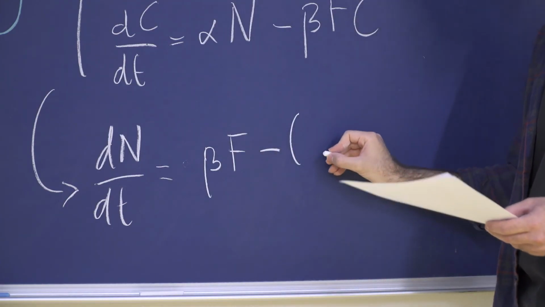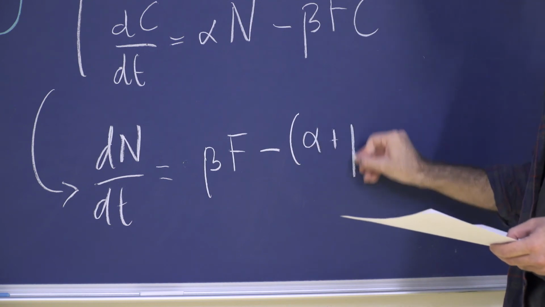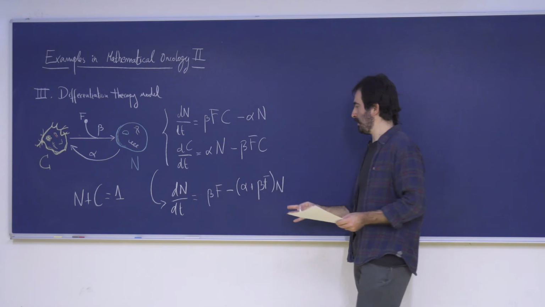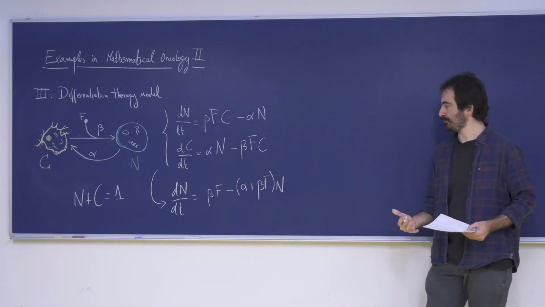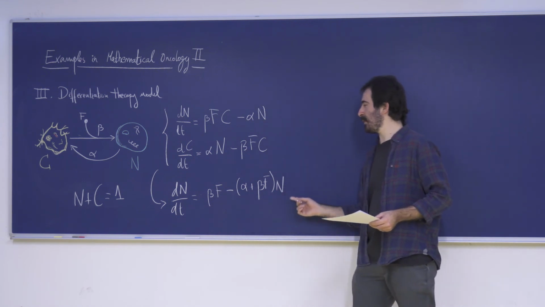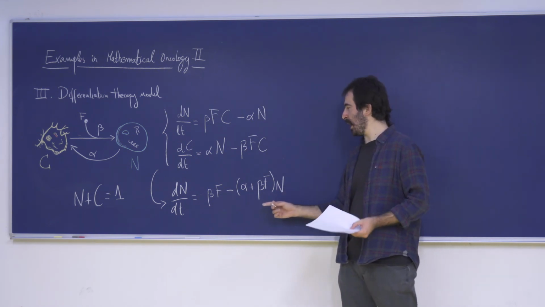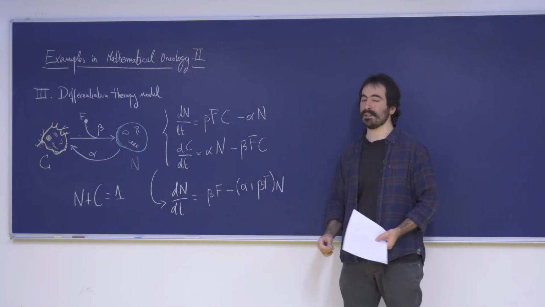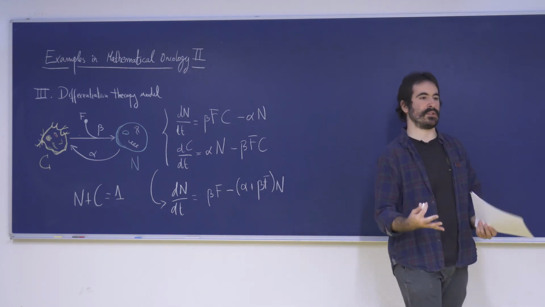This is skipping one single step, but I'm confident that everyone here will be able to work it out themselves. Now we have a single ordinary differential equation in which on either side we only encounter constants or our variable of interest, and this is something that we can readily solve very quickly.